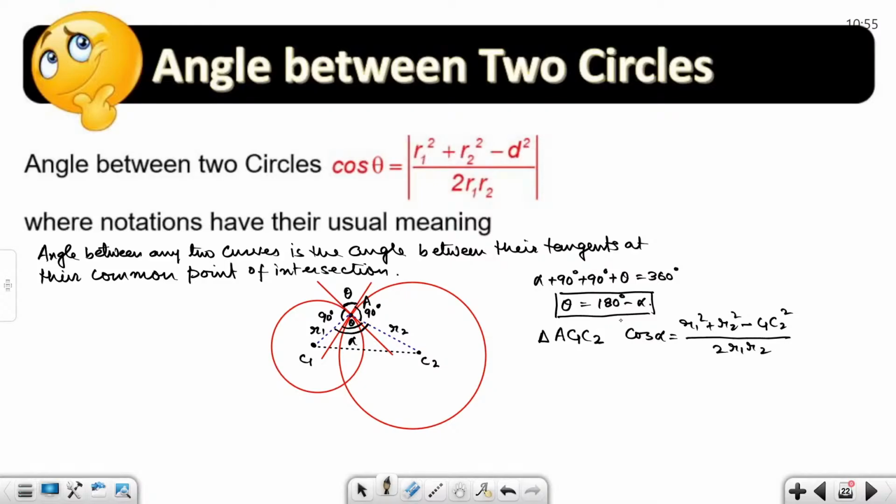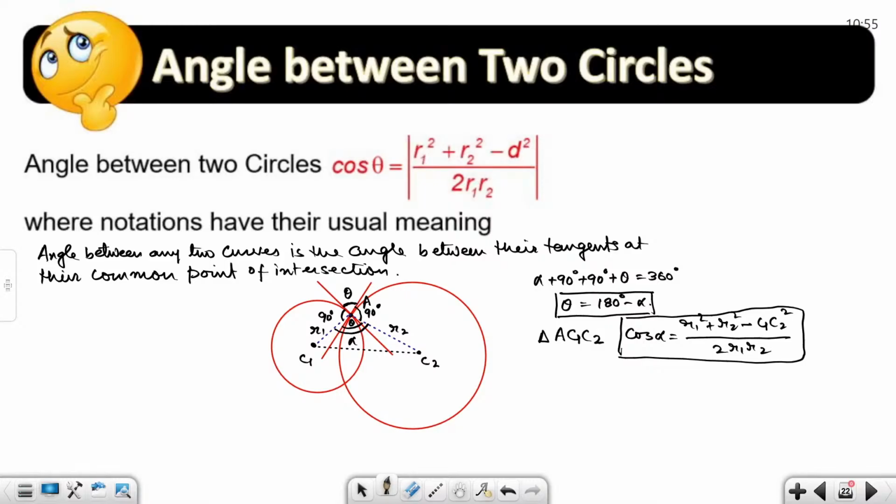This is what is called the cosine rule. This you have to learn in the properties of triangles. In any triangle, we find out the angle in this way. So cos alpha is R1 square plus R2 square minus C1C2 square divided by 2 R1 R2.